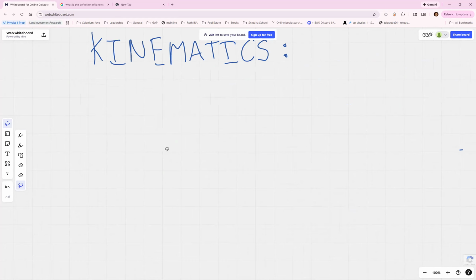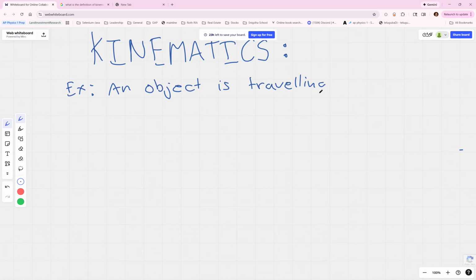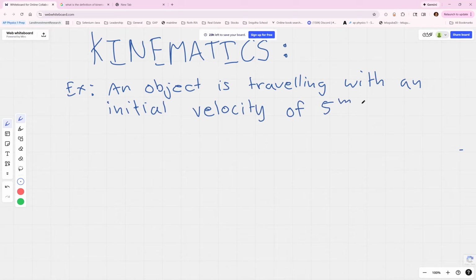Okay, so a similar example, just this time for acceleration. We can say an object is traveling with an initial velocity of 5 meters per second.